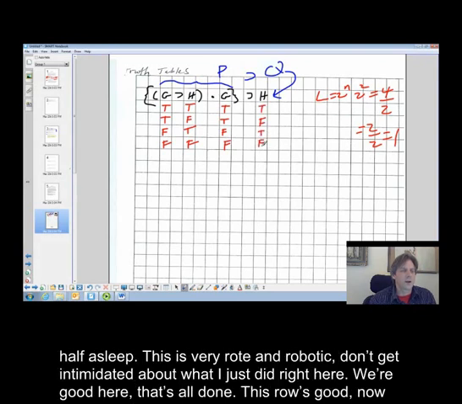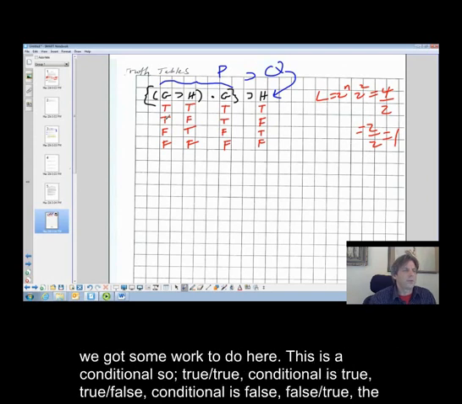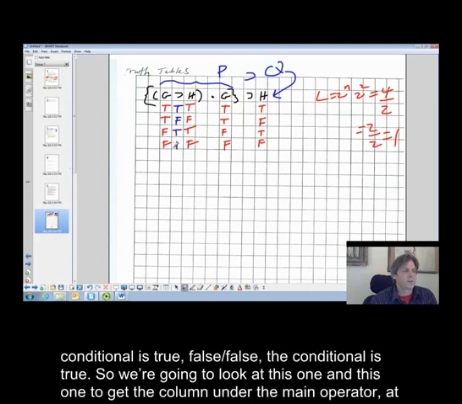Like I said, you could do this with your eyes closed, half asleep. This is very rote and robotic. Don't get intimidated about what I just did right here. Okay, we're good here. That's all done. This row's good. Now we've got some work to do here. This is a conditional. So true, true, conditional's true; true, false, conditional's false; false, true, conditional's true; false, false, conditional's true. So we're going to look at this one and this one to get the column under the main operator, at least inside the bracket, right?